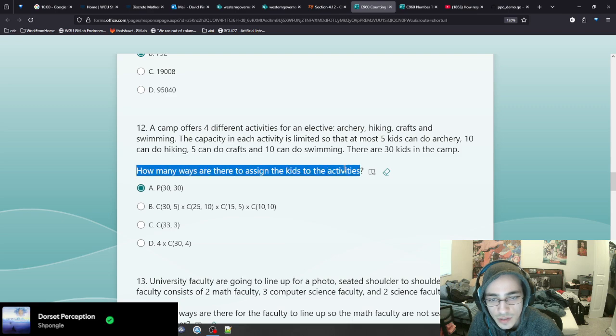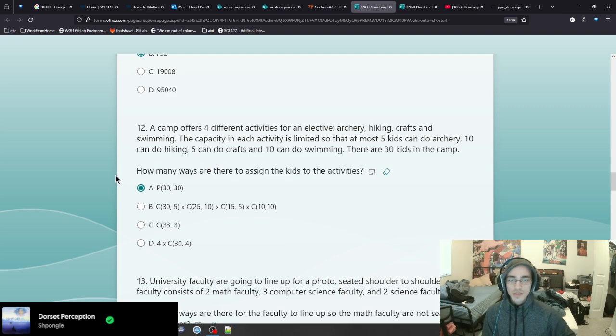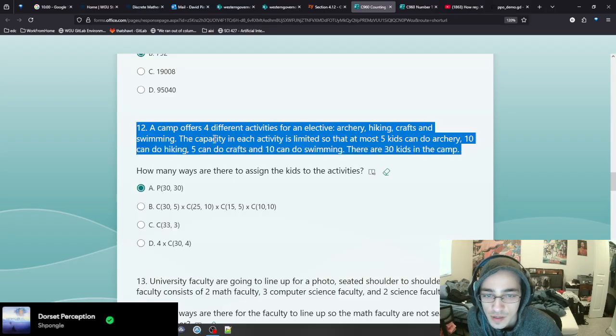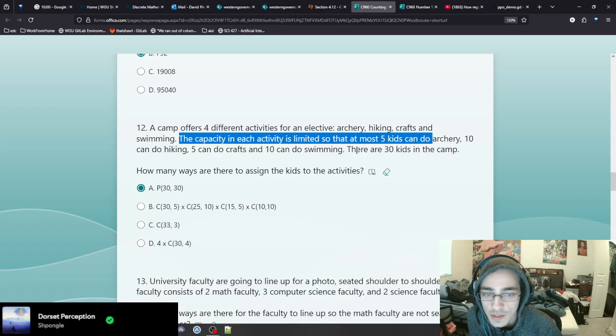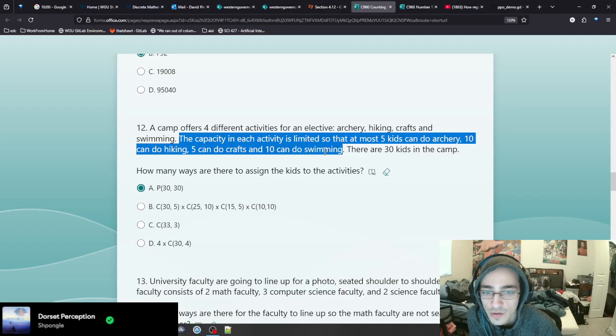How many ways are there to assign the kids? What? So there's 5 can do archery, 10 can do hiking. Oh my god, I went blank on that one. I need to connect how to do this to something I know already.